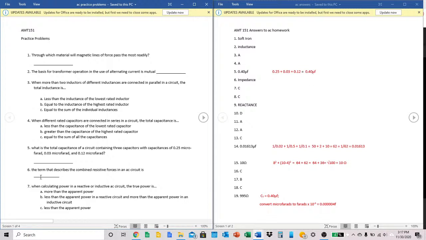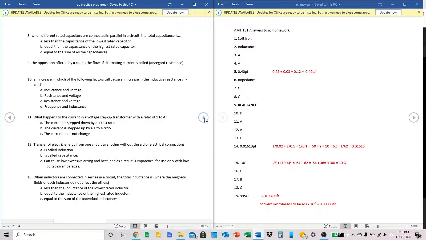Number 6, the term that describes the combined resistive forces in an AC circuit is impedance. The answer is impedance. Number 7, when calculating power in a reactive or inductive AC circuit, the true power is C, less than the apparent power.